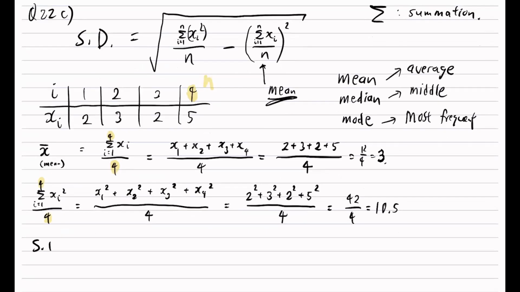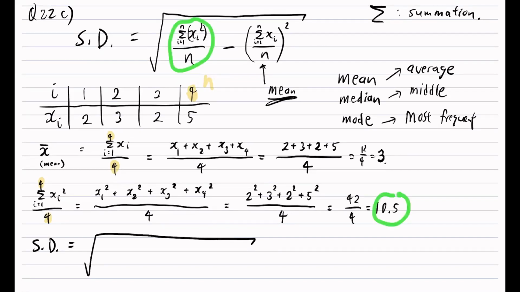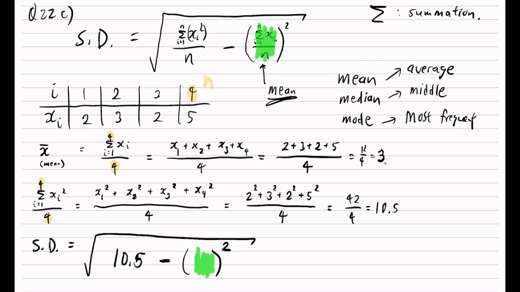What is standard deviation, SD? It's just square root of, then you substitute in the formula. Over here, it's 10.5. Correct? So I put in 10.5. Please stop me if you don't understand. Then minus away, bracket power 2. What's inside the bracket?